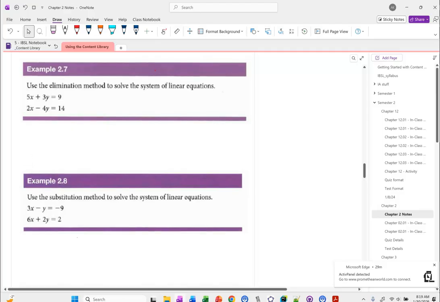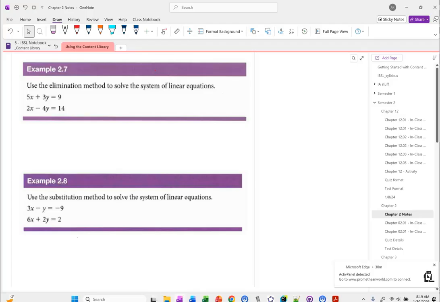Substitution, or I'm sorry, elimination. To do elimination here, what do I need to do? Make numbers the same. So I think being a little bit more specific, I think you know what to do.